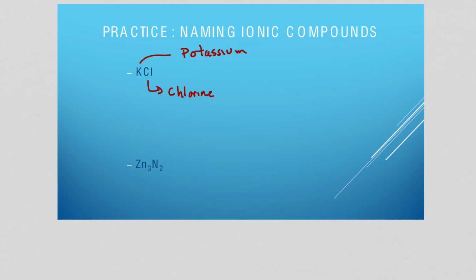And so when we write out the name, we're going to write out the name of the positive ion. The metal is just using the name, so potassium. We're going to take the negative ion, we're going to change the ending to an IDE, and that becomes chloride. So the name of this compound becomes potassium chloride.